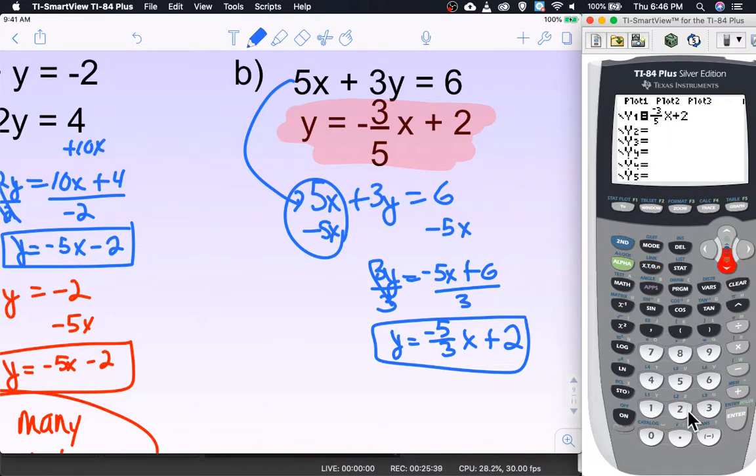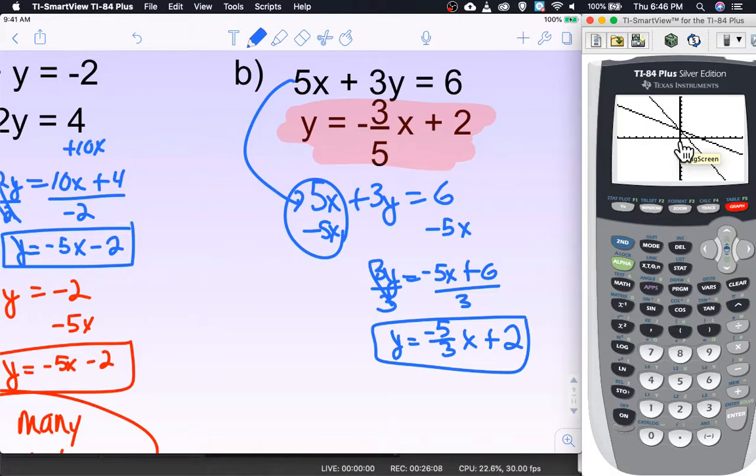And my other graph is y equals negative 5/3 x plus 2. I hit graph. There's the one line, there's the other line, and they're crisscrossing at one point.